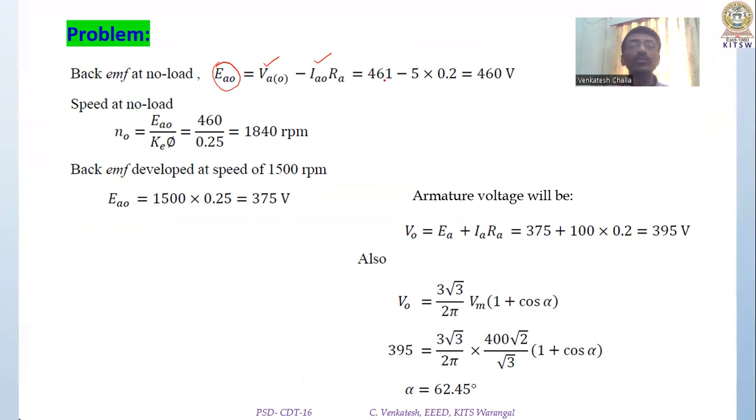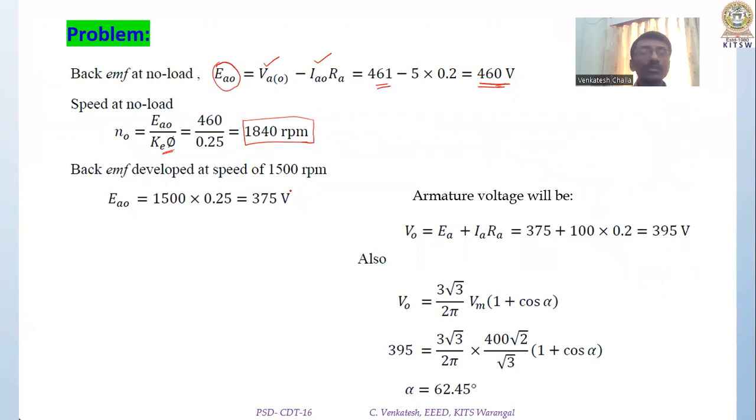Ea naught equals Va minus Ia Ra, and that is equal to 460 volts. So Va average is 461 and back EMF is 460 volts. Speed at no load N naught equals Ea by Ke phi, and that is 1840 RPM.